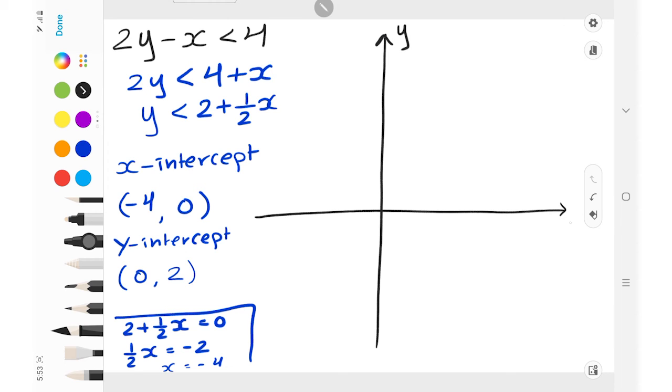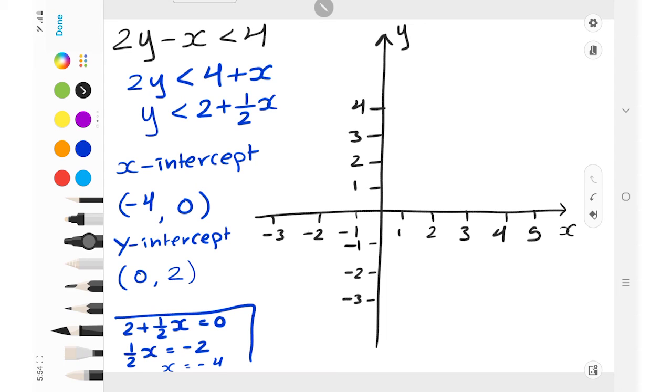Here is the y and here is the x. This is my x. So here 1, 2, 3, 4, 5, then -1, -2, -3, and here is also -1, -2, -3, 1, 2, 3, 4.